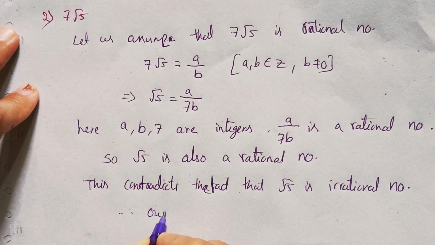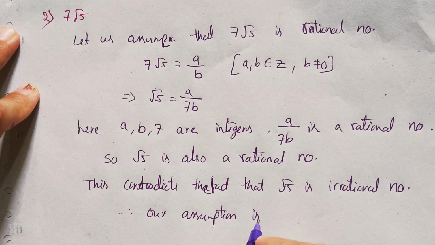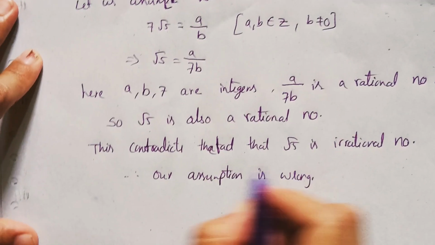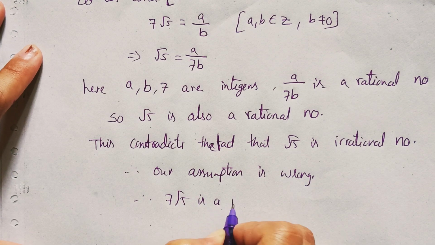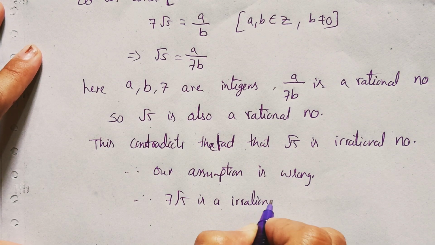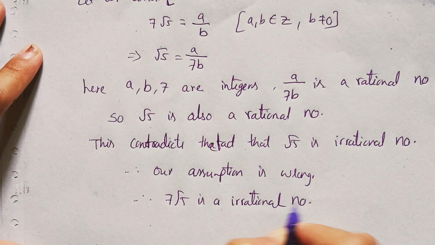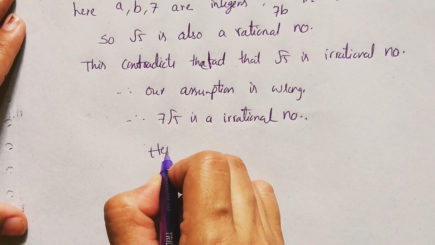Therefore our assumption is wrong. Therefore 7 root 5 is an irrational number. Okay guys, hence proved.